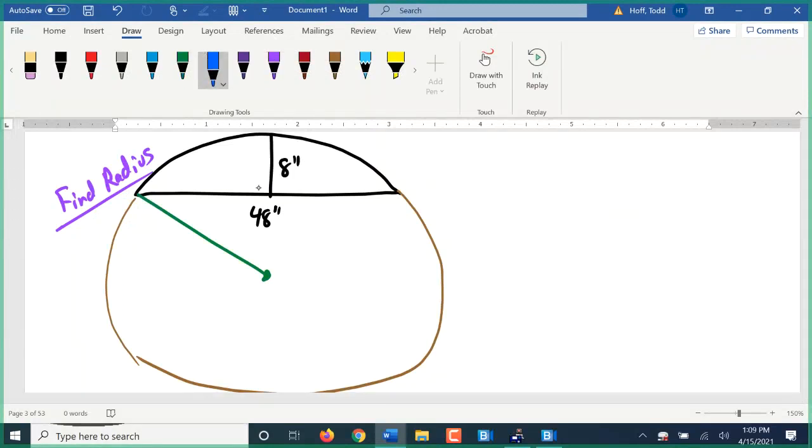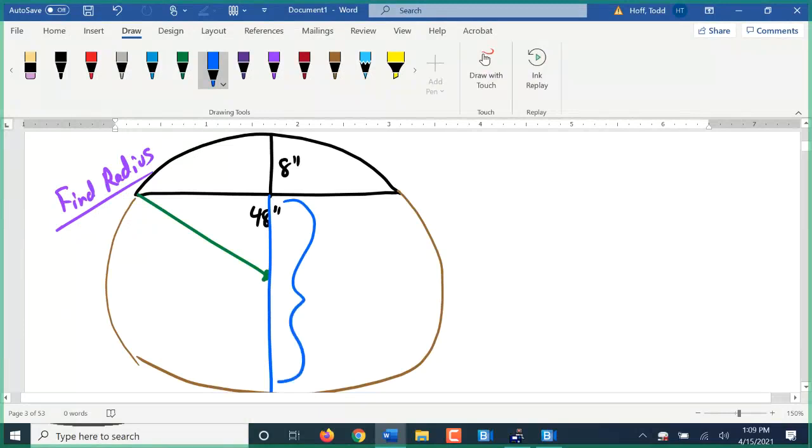Well, what we do is we extend this 8 down here like this. I'm going to call this length x. That splits the 48 inches in half, so it's going to be 24 inches and 24 inches. The relationship, if you recall, is the product of the pieces of each chord. They multiply to be the same.